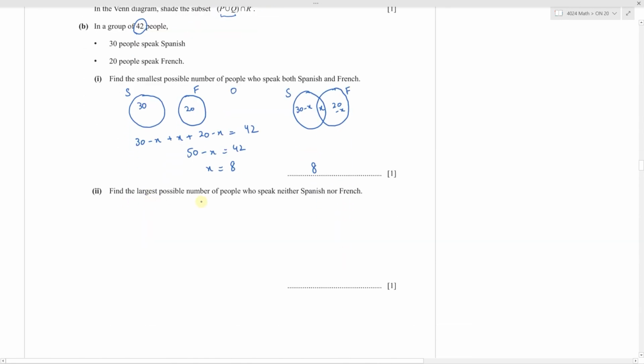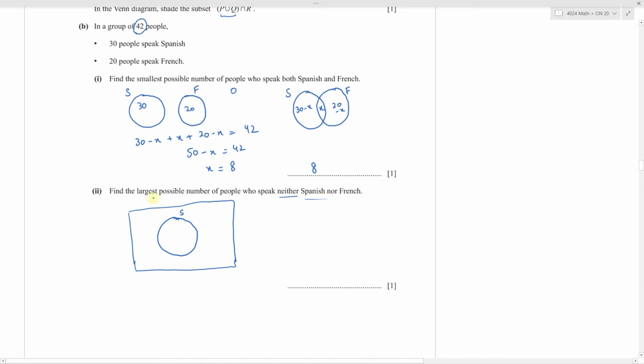Part 2 is, find the largest possible number of people who speak neither Spanish nor French. So if you have this universal set here, and then your bigger set is the set of people who speak Spanish. So you have, let's say, S, which has 30 people, and then you have French, the 20 people who speak French.